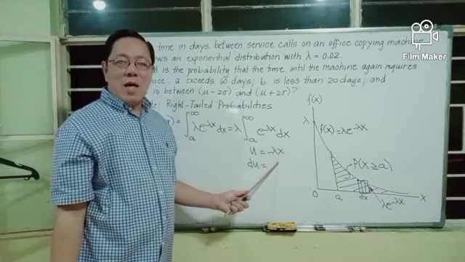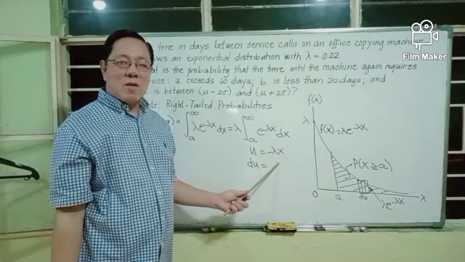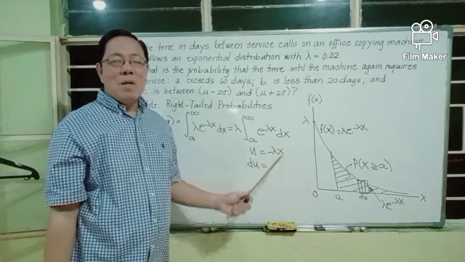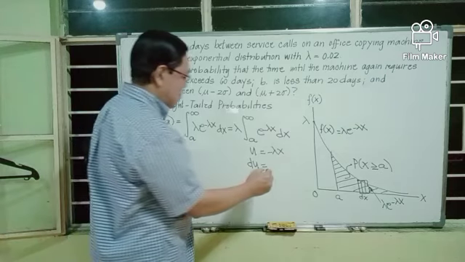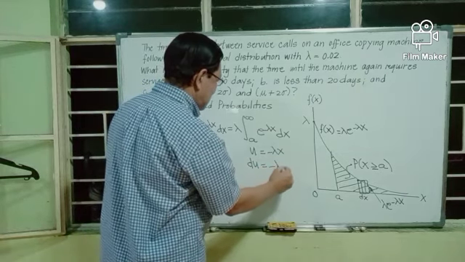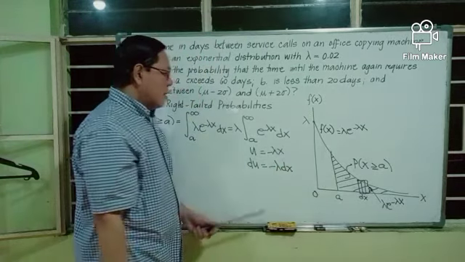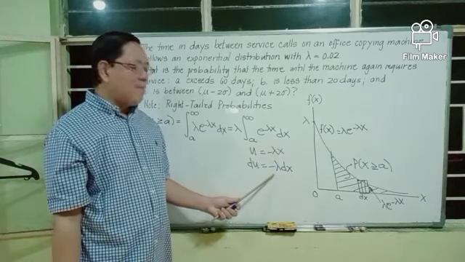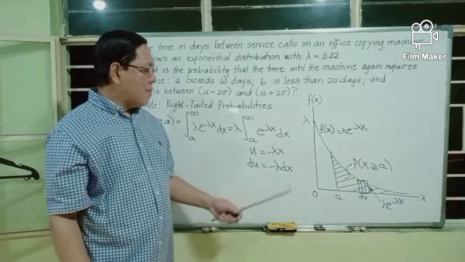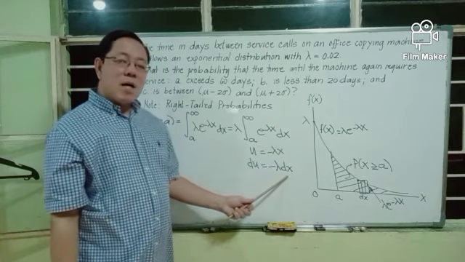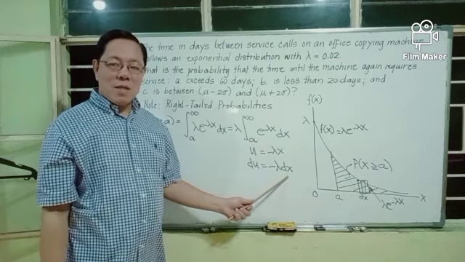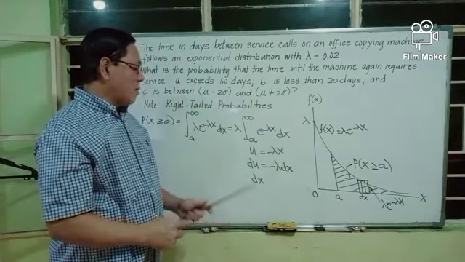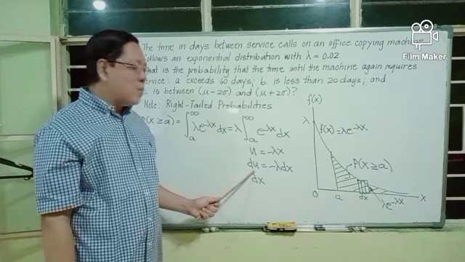The derivative of minus lambda x with respect to x, where lambda is a constant, is minus lambda multiplied by dx. We solve for dx by dividing both sides by minus lambda, so dx equals du divided by minus lambda.